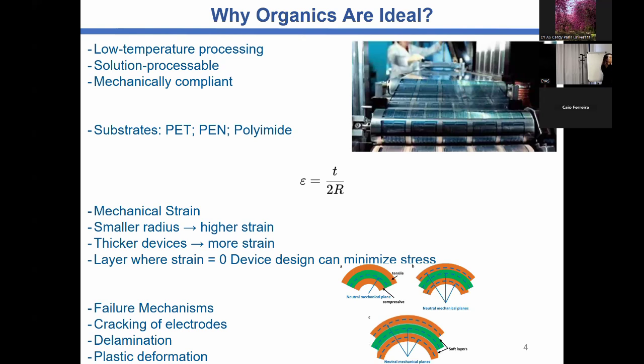The layers on top of the substrate will have a mechanical strain that is related to the bending radius. With a smaller radius of stress, we can assure a higher strain, and thicker devices usually have more strain because they are more rigid. So if we can minimize the thickness, we can minimize the strain.